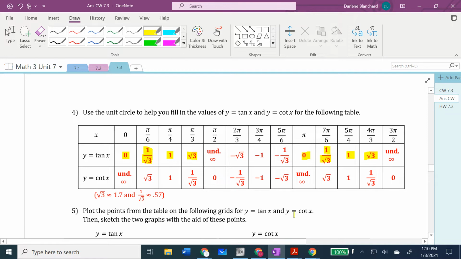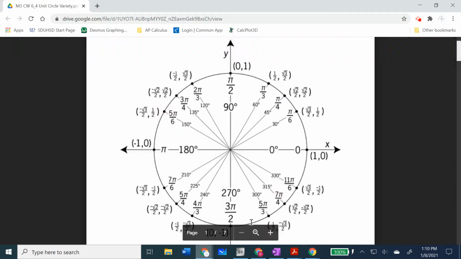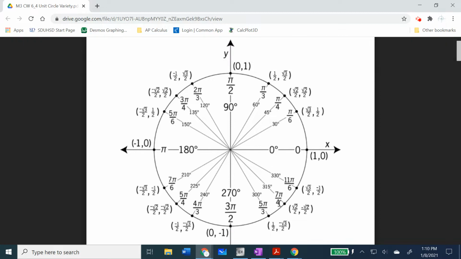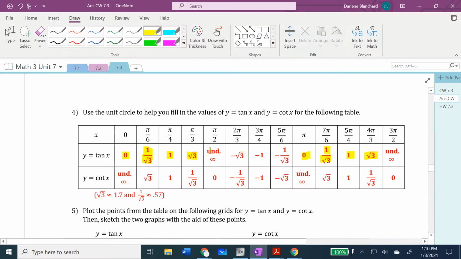But when I go to pi over 2 and look at the unit circle, I can see that at pi over 2 and 3 pi over 2, if I draw a vertical line, that has an undefined slope, which is in a way an infinite slope, but it's undefined at those places, at pi over 2 and at 3 pi over 2.